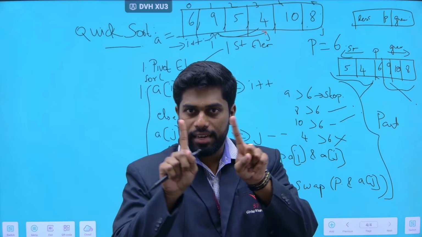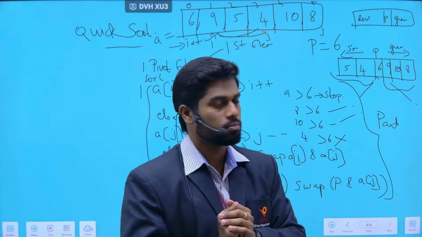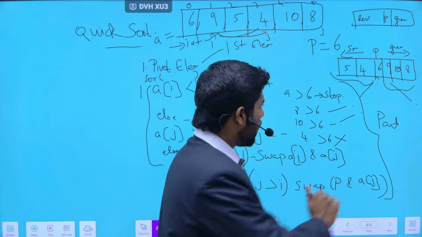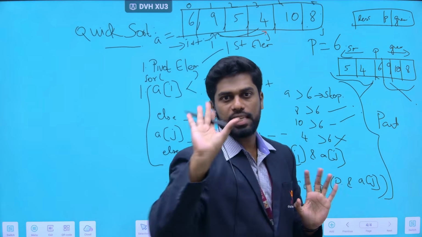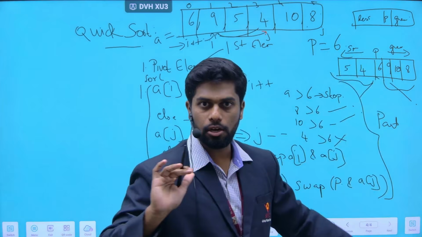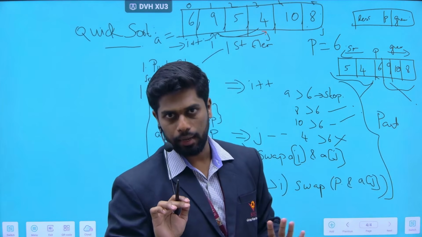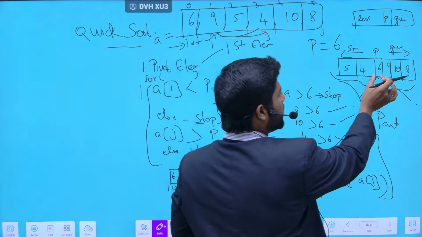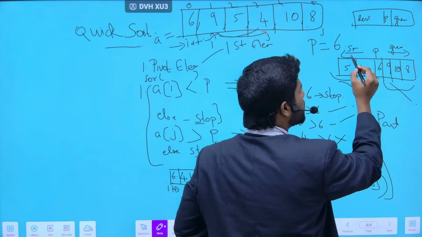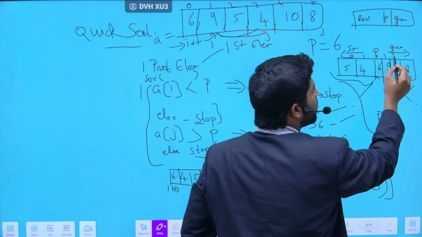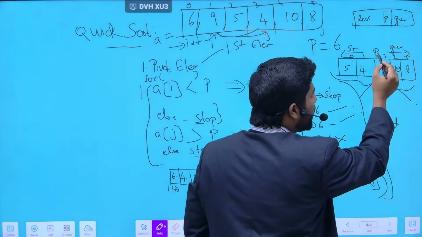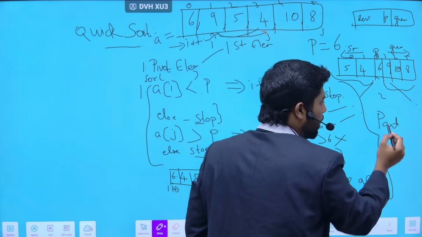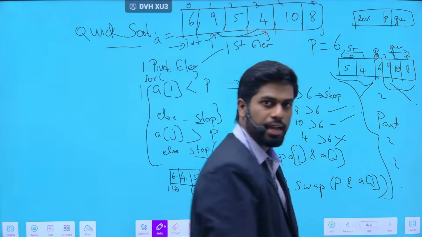You are dividing an array into 2. First step done. The pivot element position will be the same till the end of your sorted array. The pivot element will be at second position only, whatever happens, till the end.